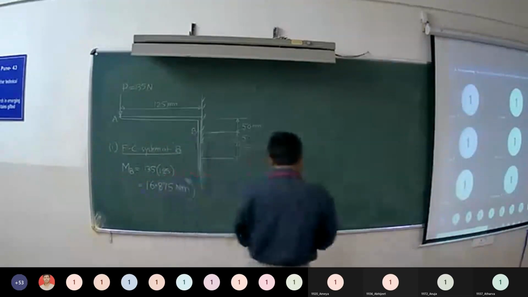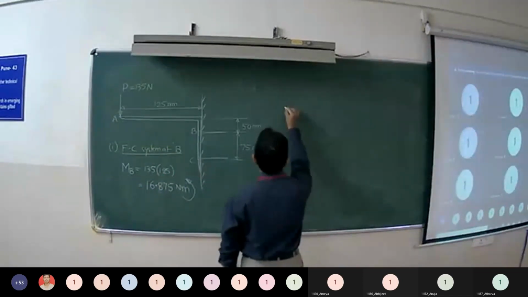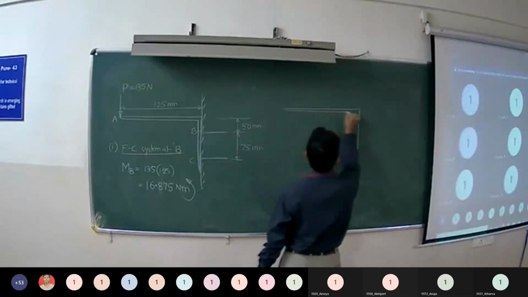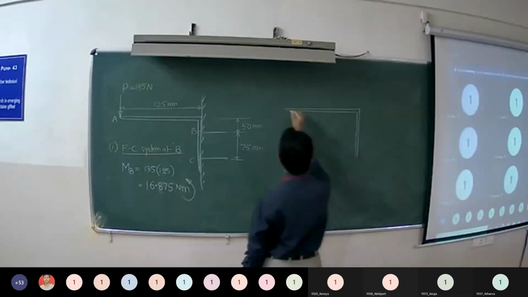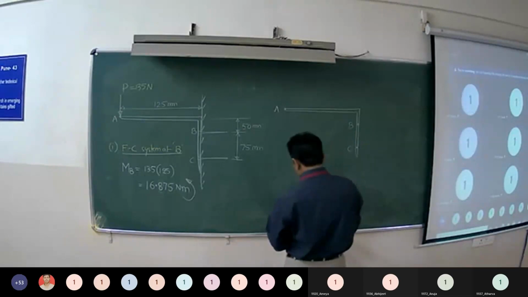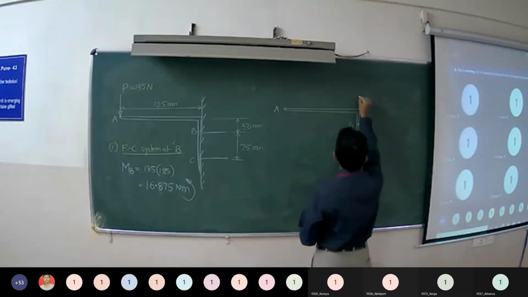So the answer for the first part: A, B, C. That 135 Newton is transferred parallelly, so the force is 135 Newton.